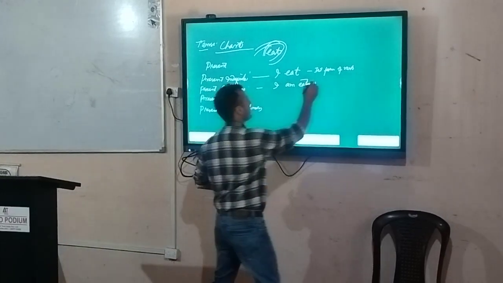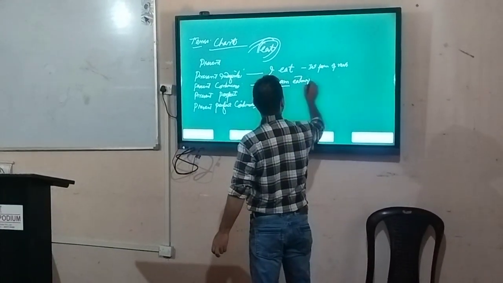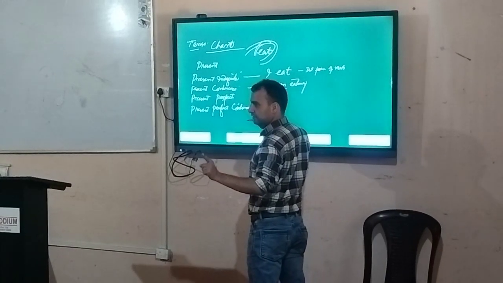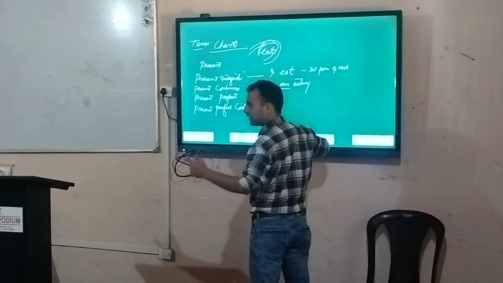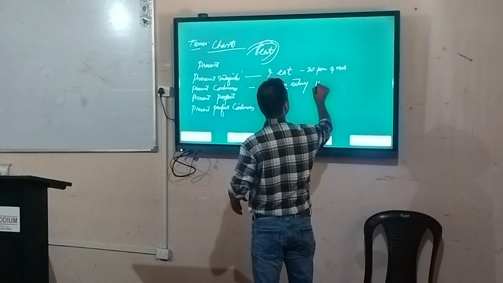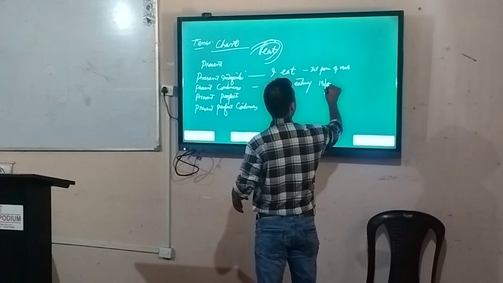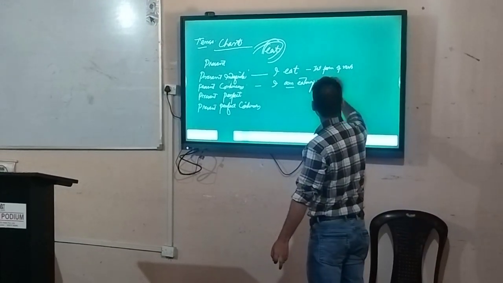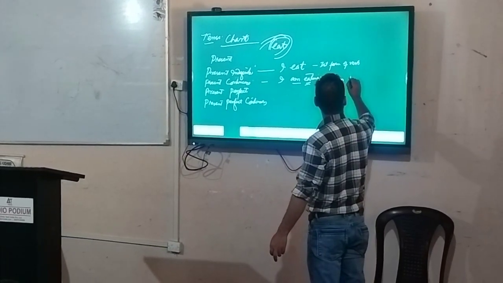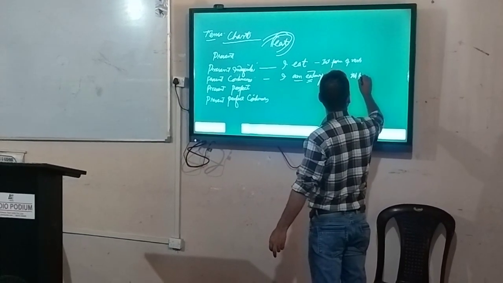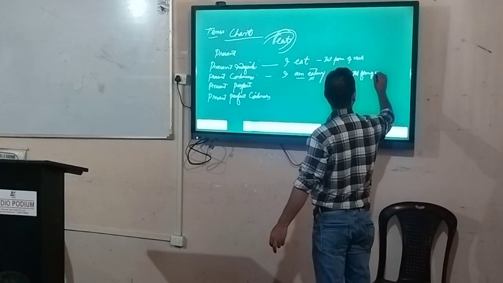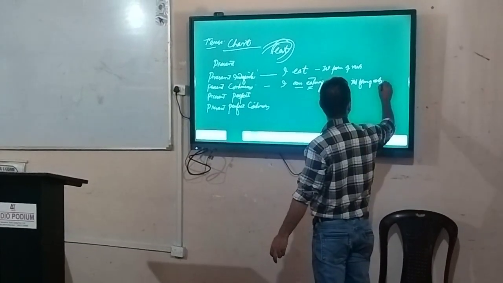then we have to apply some symbols, like we can use is or am, or the first form of verb, that is eat, plus ing.